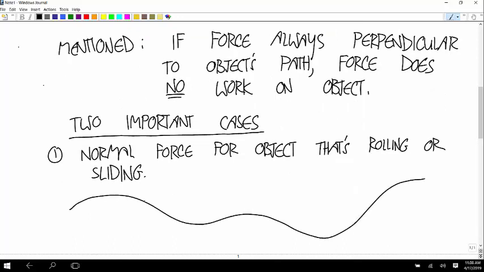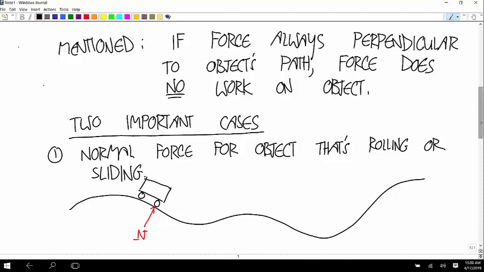So let's think about a general case. Imagine this thing rolling along a path that isn't constant, but it's just rolling along this path. At this instant here, the normal force is perpendicular to the path. The path changes direction once you get, say, down here, right? But once you get there, the normal force is perpendicular to the path there. You get here, the normal force is perpendicular to the path. So at every instant, the normal force is perpendicular to the path, even though the path is doing weird stuff.